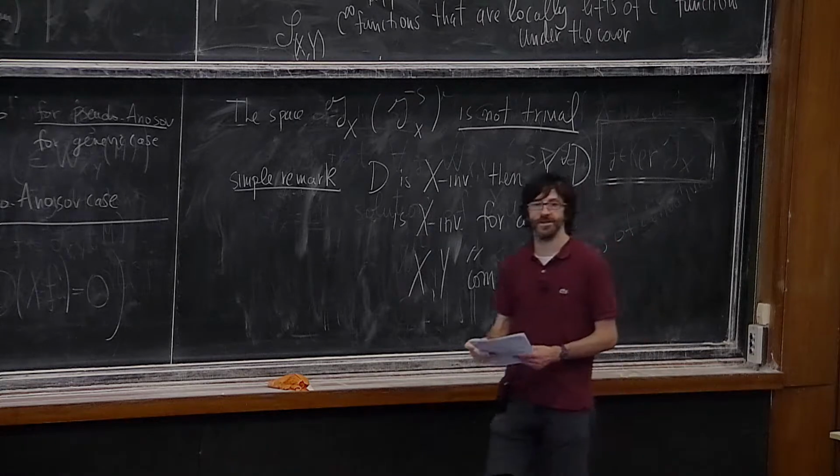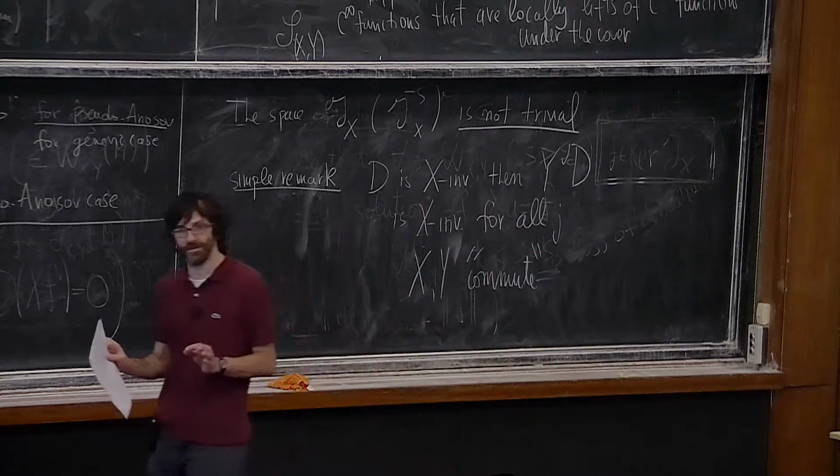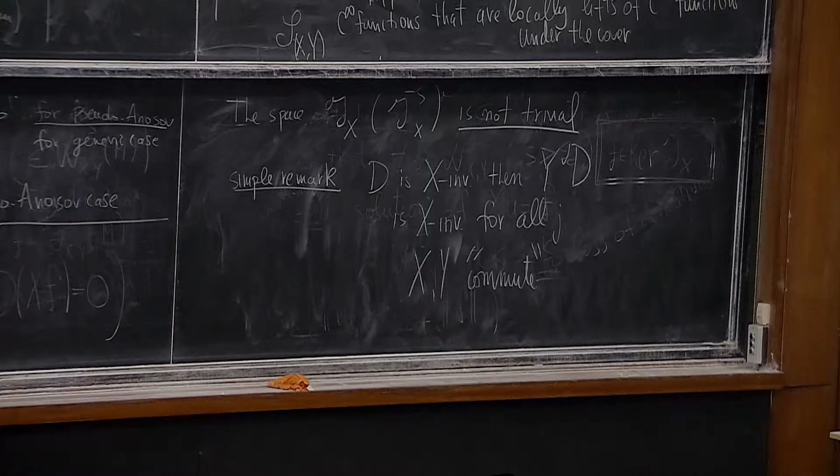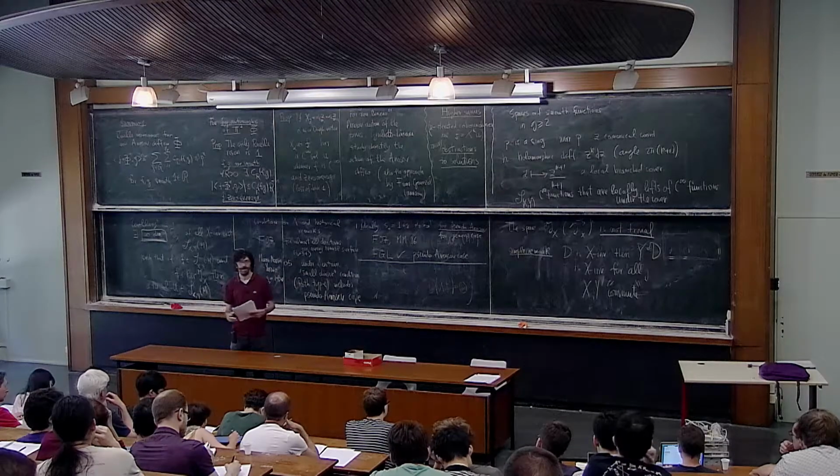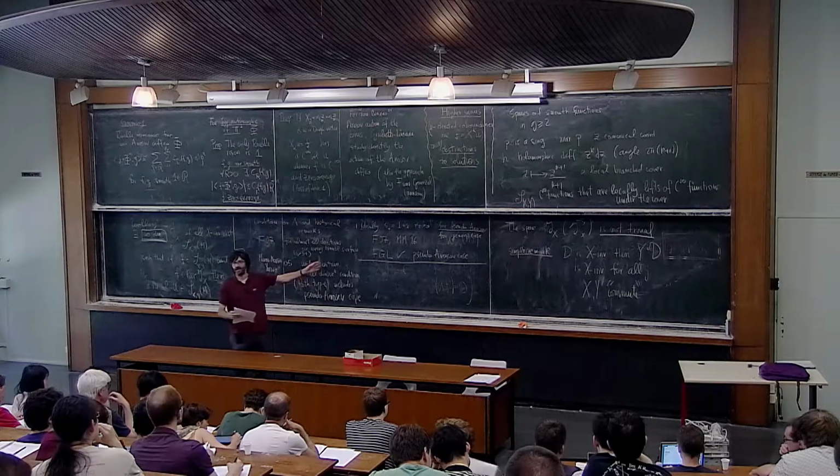Now, of course, this is a tricky thing to say, because you can also say they don't commute. If you look at the flows, they certainly don't commute. So they commute enough to make this statement true, let's put it this way.